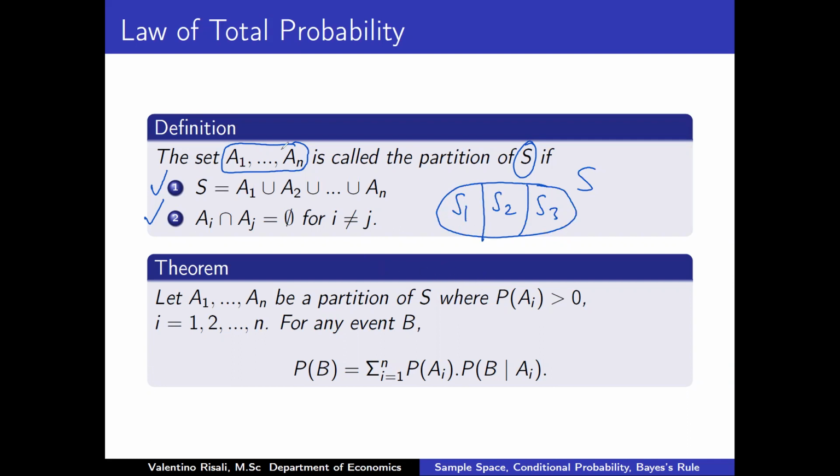The law of total probability says that if we have a partition of S where the probability of Ai is greater than 0, then for every event B, we can write P(B) as this equation. This equation is a generalization of the equation in Bayes' law.